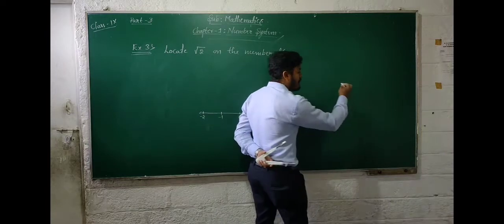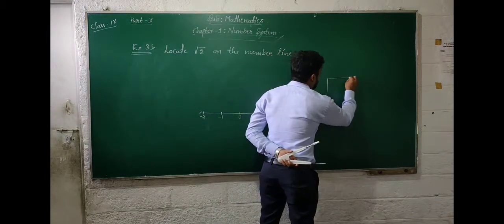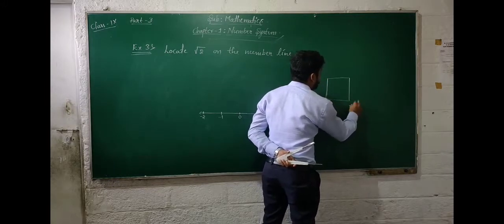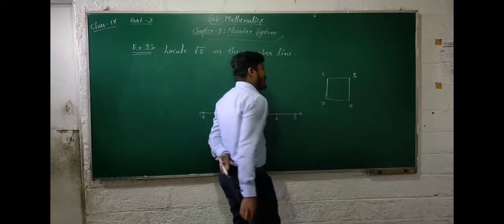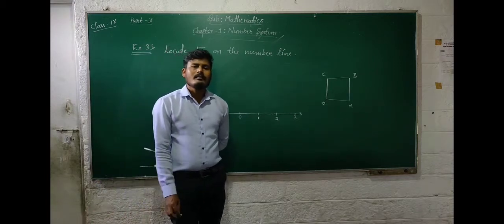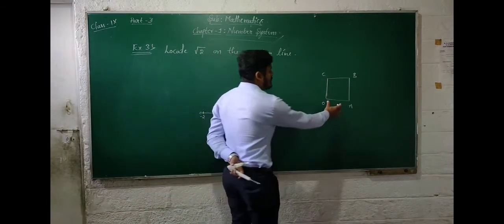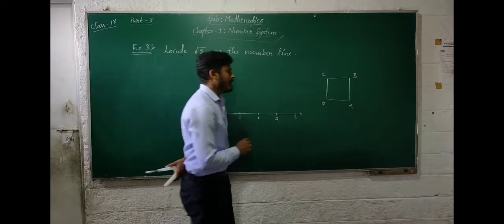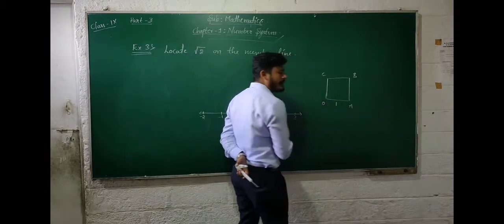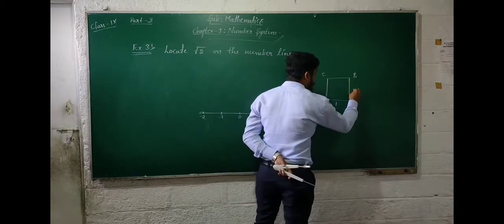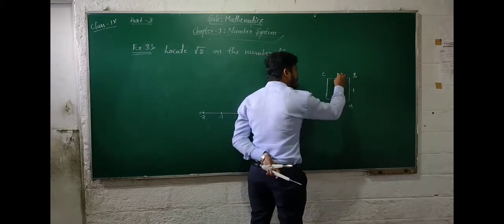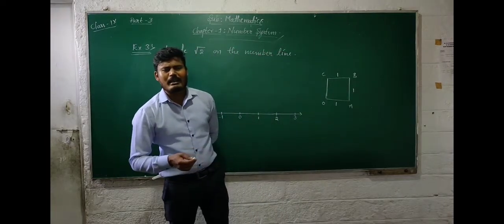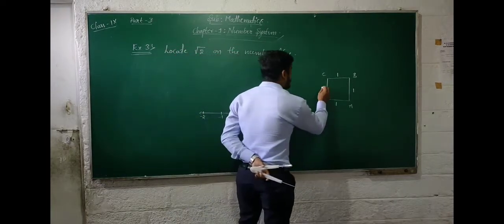By observing the value of root 2, consider a square OABC. So here OABC is a square. Then the measurement of each side of a square should be the same. So consider the length OA is 1 unit and AB is also equal to 1 unit. Then BC is also equal to 1 unit. 1 unit means any measurement: centimeter, meter or anything.